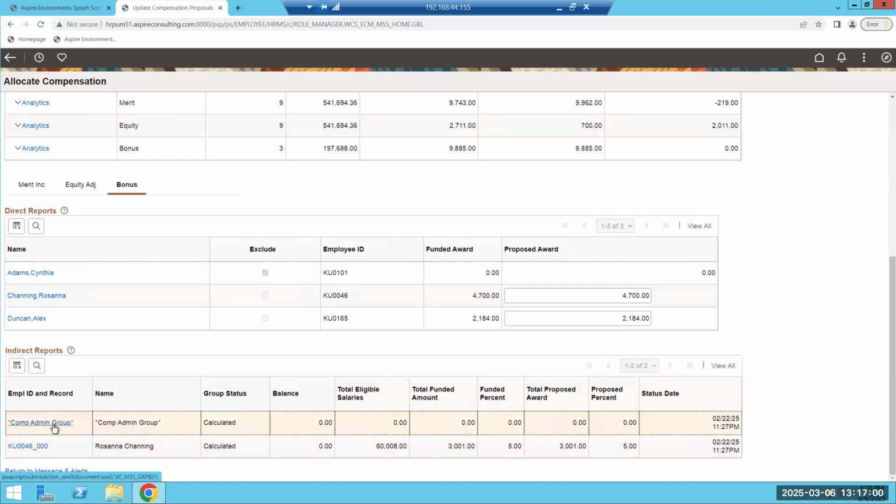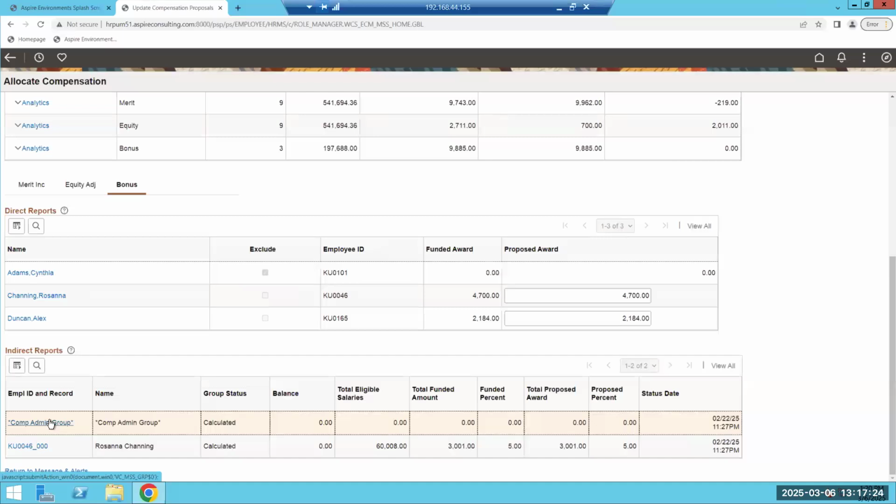You'll also notice there's this comp admin group. The comp admin group is kind of a default group, so that if there is someone in my population that I can't figure out where they go in the hierarchical structure, they get placed in the comp admin group.